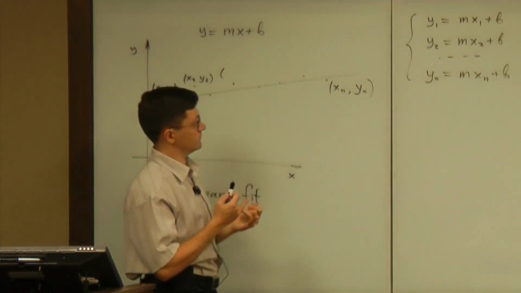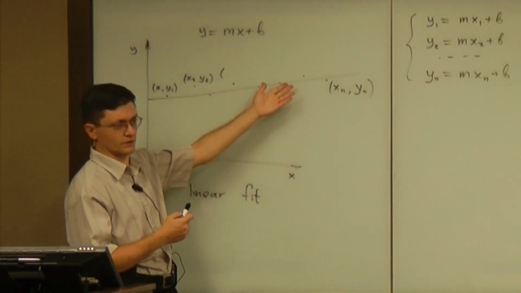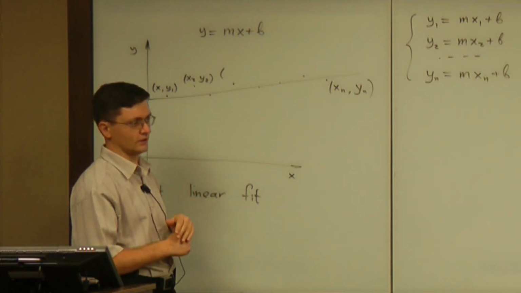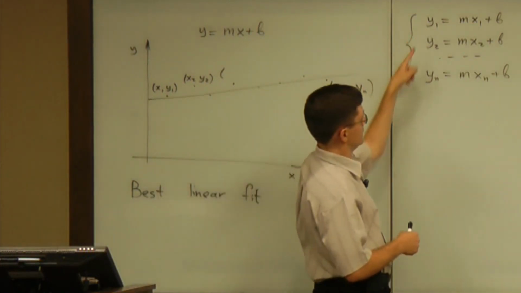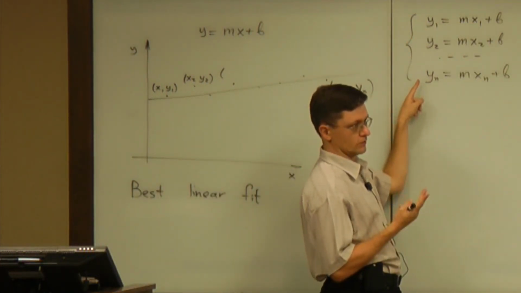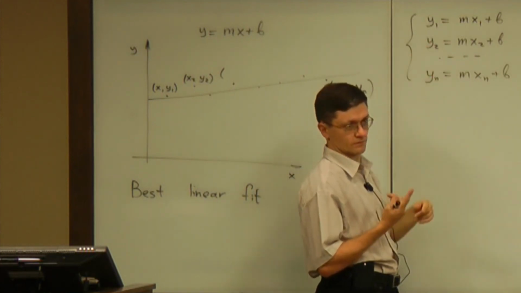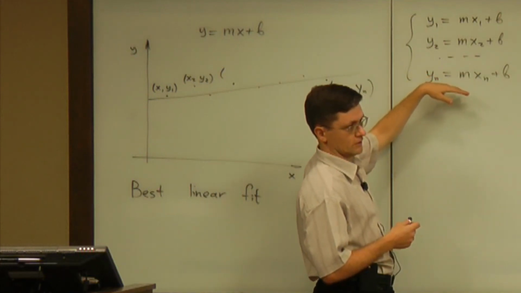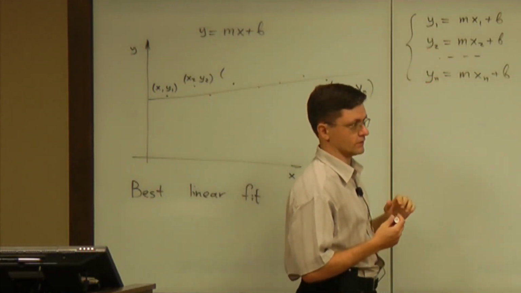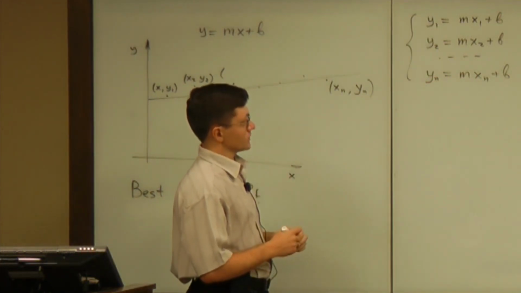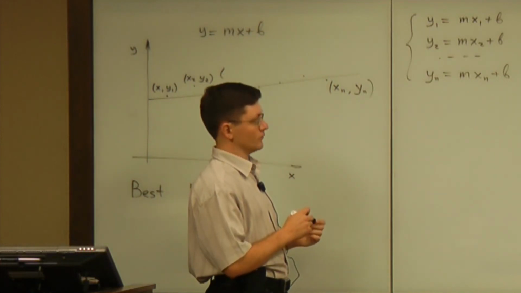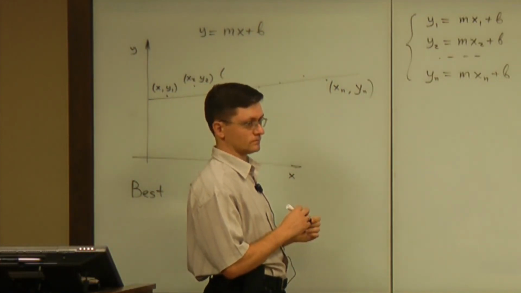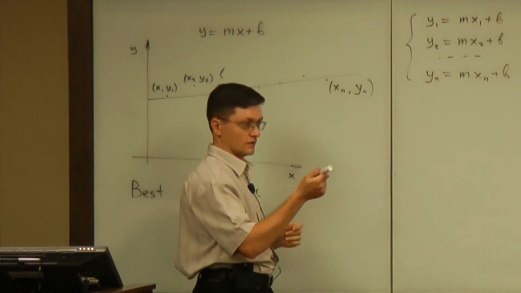But in reality, you don't expect data to fit one line, and having a lot of equations but only two unknowns, you don't expect the system to have a solution. This is a so-called overdetermined system. There are too many conditions to satisfy. Now, what is it that is reasonable to hope for? You have the least error. Exactly.